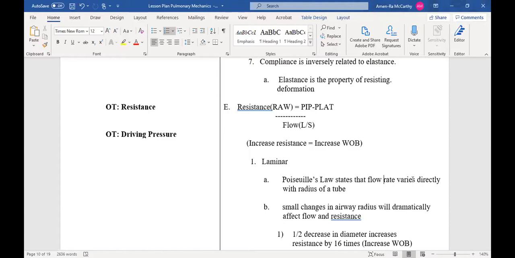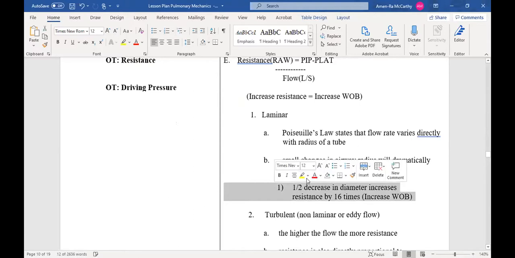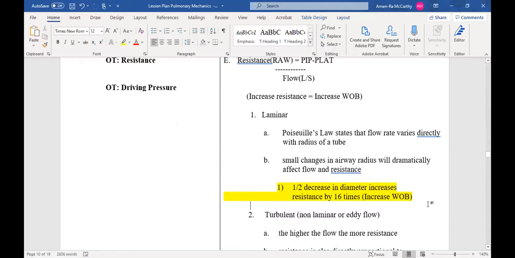Now, why does it do that? Here it is right here. This is what you need to know. This is his law. If you decrease the diameter by 1/2, you will increase the resistance by 16 times. I guarantee you will see that several times, and that will be a question on your exam, your oral exam, your final.